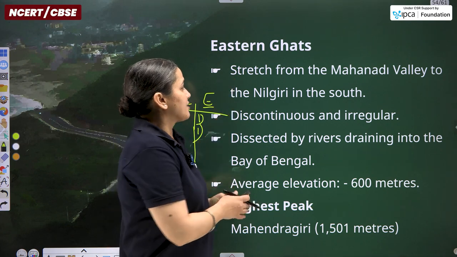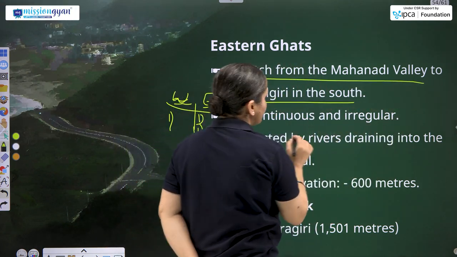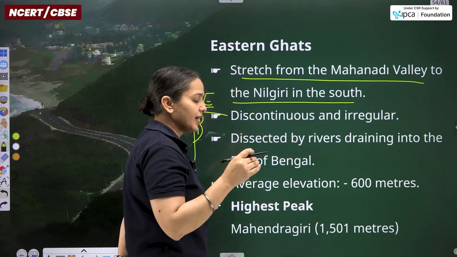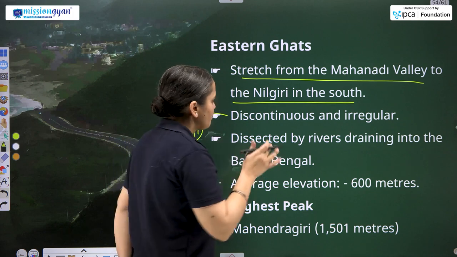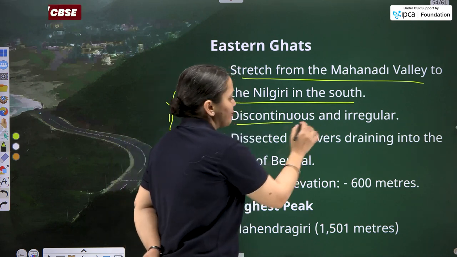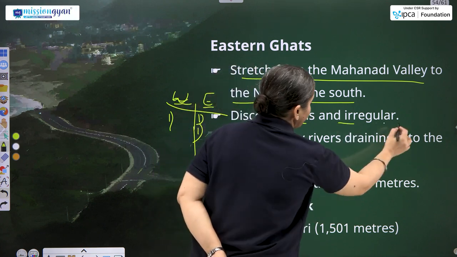So Eastern Ghats stretch from the Mahanadi Valley to the Nilgiri in the south, Nilgiri hills that lie almost at the borders of the Tamil Nadu, Karnataka part. Discontinuous, as I've told you, they are split into 2 or 3 parts and they are irregular.